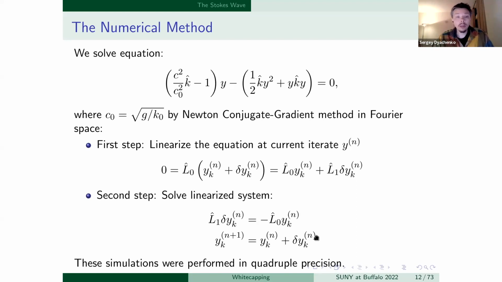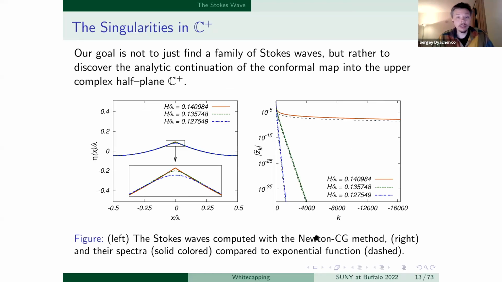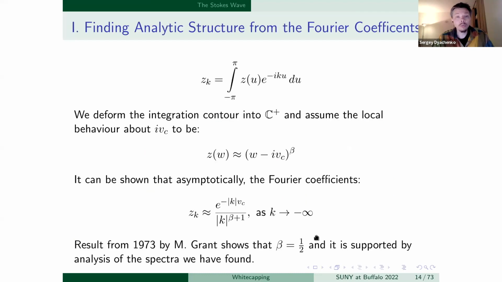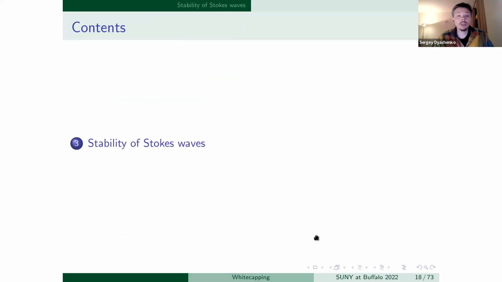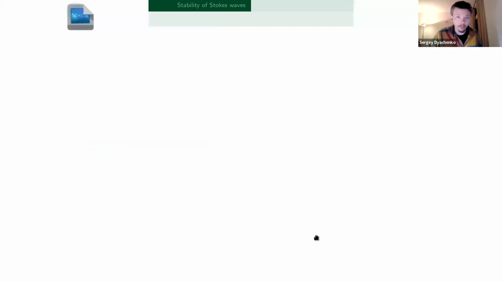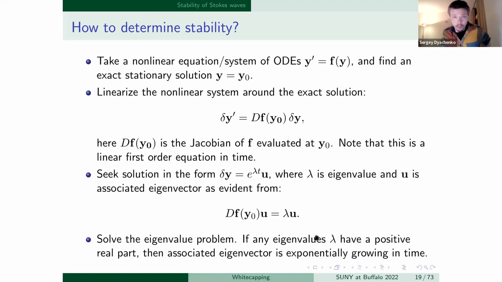Okay, so let me skip some of the things about the singularity properties of the Stokes wave, and now let me mention some new results about the stability of Stokes waves. So first of all, how do we determine the stability of a solution to an ODE or a system of ODEs? Well, we can think of the equation y prime equals f of y.